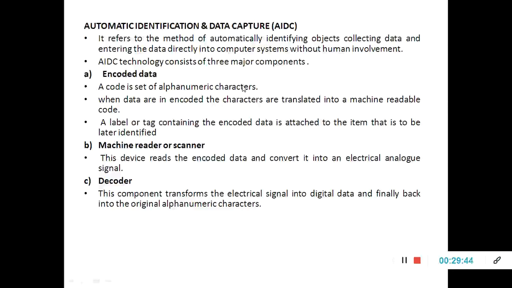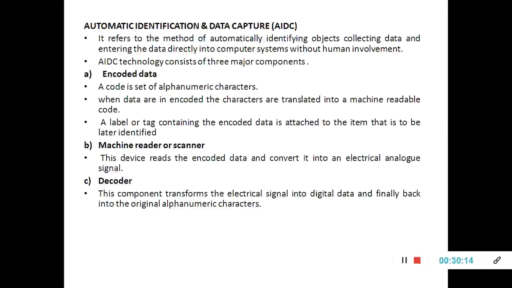Let us see, whenever you visit a mall where you buy some products, for billing, the product which you have bought is coded with some lines or tags, and the scanner or machine reader scans it, and that particular item is stored into the computer.